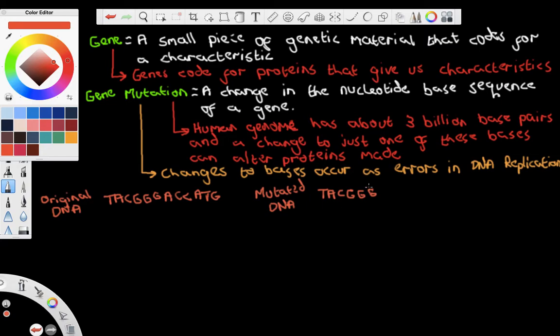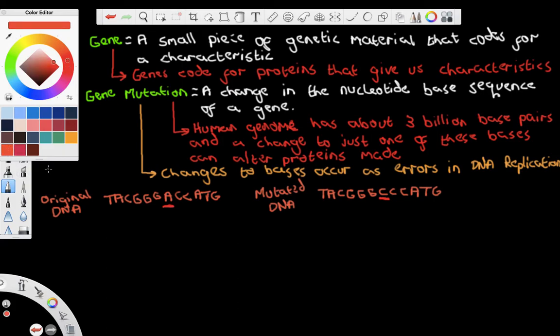Then this time, instead of an A, we're going to put a C. So CCC, ATG. So our mutation has happened here. Okay? Because in the original DNA, it's an adenine, as opposed to in the mutated DNA, there's been an error during DNA replication to turn this adenine into a cytosine.